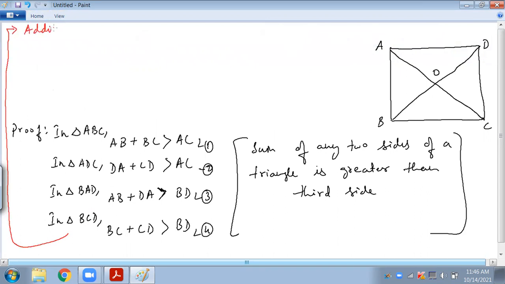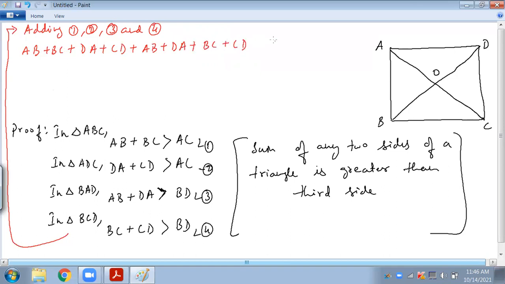Adding 1, 2, 3, and 4. On the left hand side we add AB plus BC plus DA plus CD plus AB plus DA plus BC plus CD, which will be greater than AC plus AC plus BD plus BD.